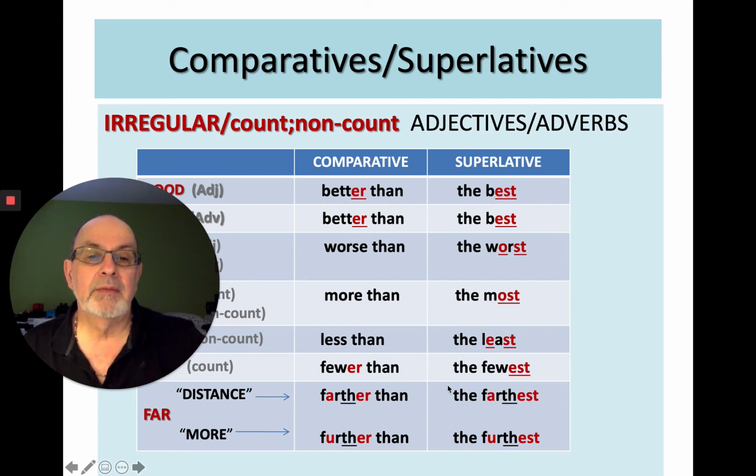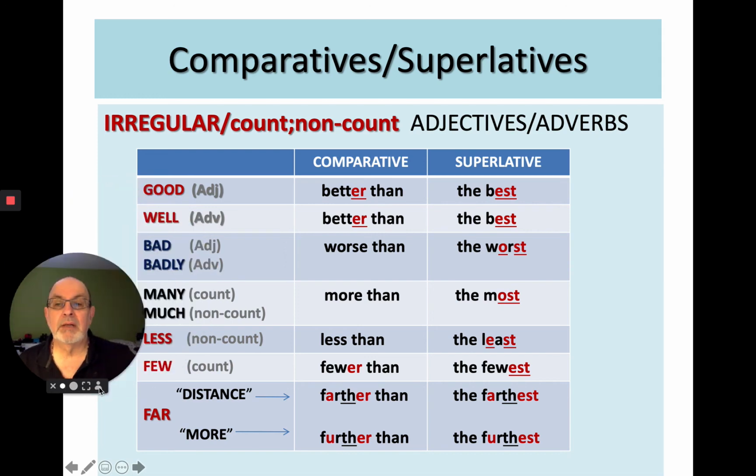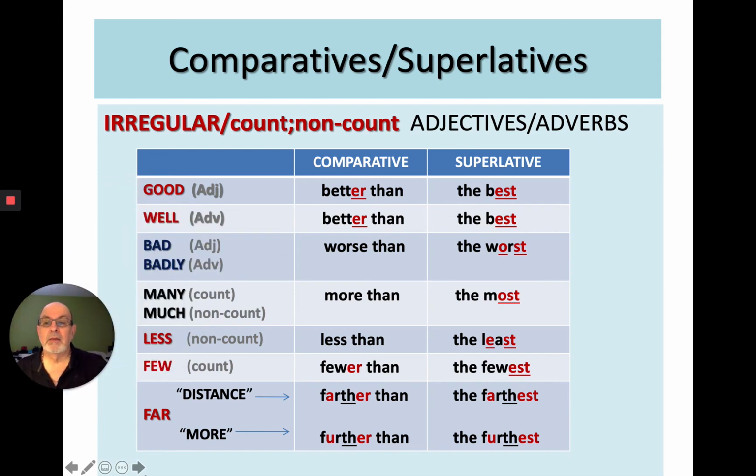Farther than, I live farther than you. I can tell you how many kilometers. Or if I'm reading a book with you and I want to say more, I'm on chapter 8, you are on chapter 3. I am further than you. I am the furthest. Okay, so these are words that have two different meanings. Please don't get it wrong. All right, let's move on.